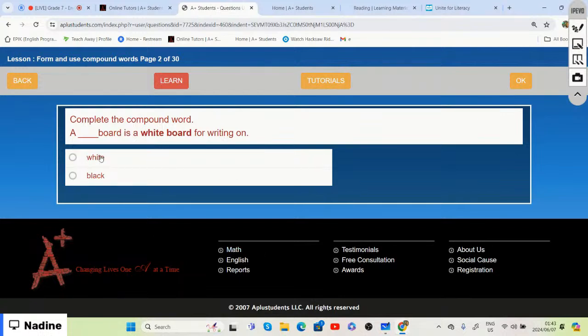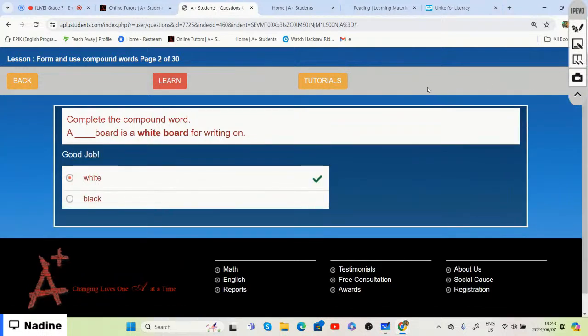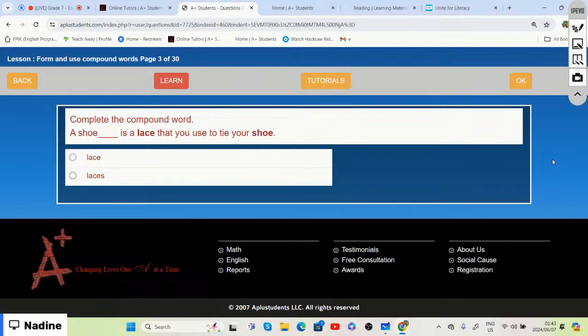So we can say a whiteboard is a board for writing on. All right, so well done.